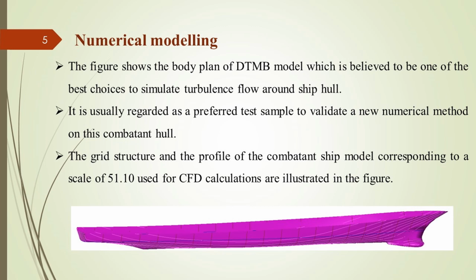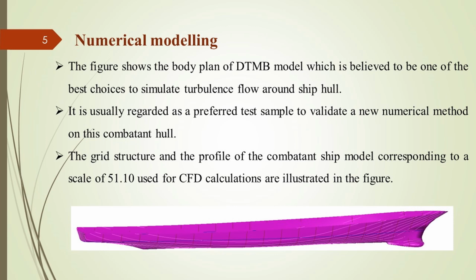Now we're talking about numerical modeling. The body plan of the DTMB model is one of the best choices to simulate turbulent flow around a ship hull. We used it to validate a new numerical method on this combatant hull.